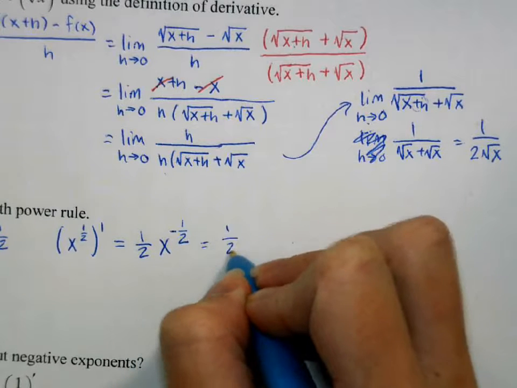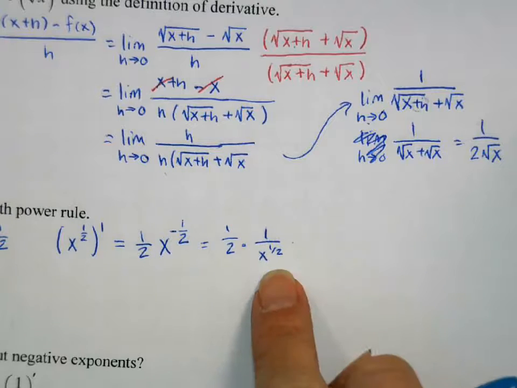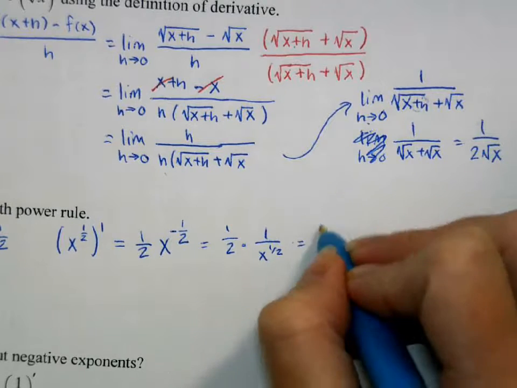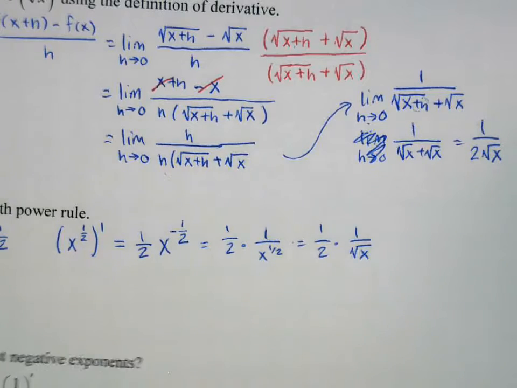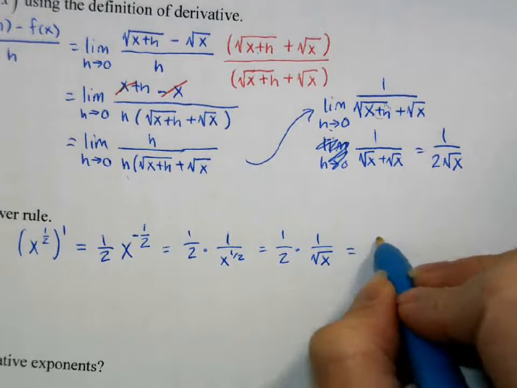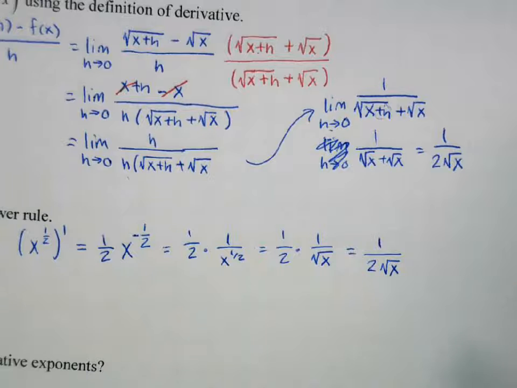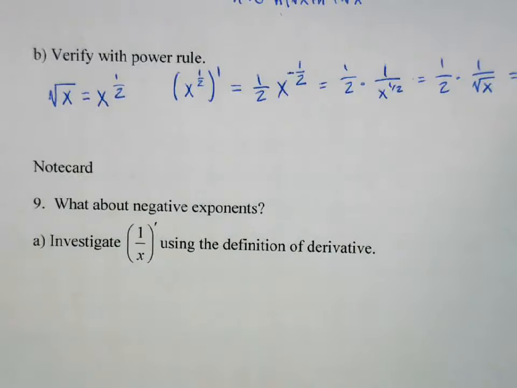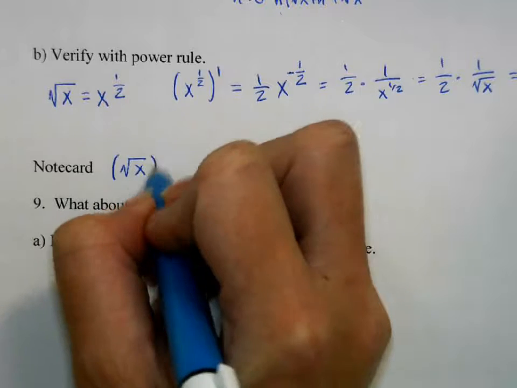Well, x to the 1/2 is just the same as the square root of x. So 1/2 times 1 over root x is 1 over 2 root x. So let's put that on a note card. Square root of x prime is 1 over 2 root x.